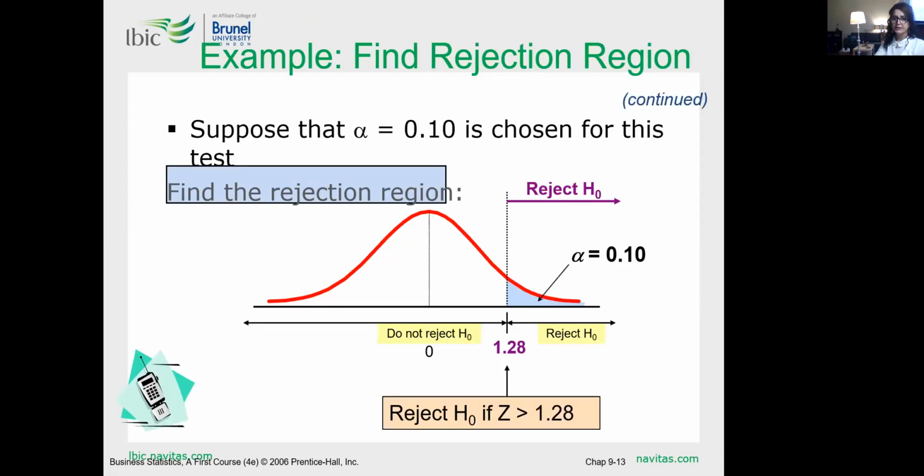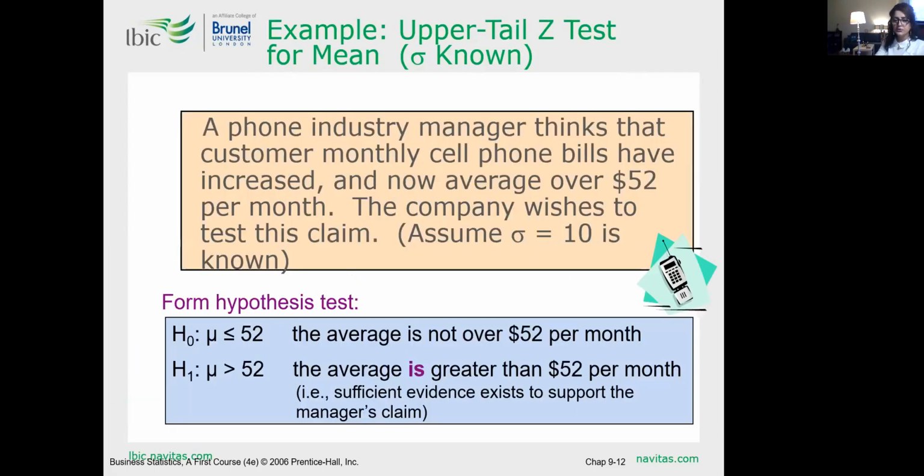So let's look at this. We have another assumption here: alpha is given as 0.010. So we have just one tail, and we don't need to split alpha. We have the whole alpha on the right-hand side of the normal curve. Then we say that either we reject or accept the null hypothesis. We need to look at the interval here.